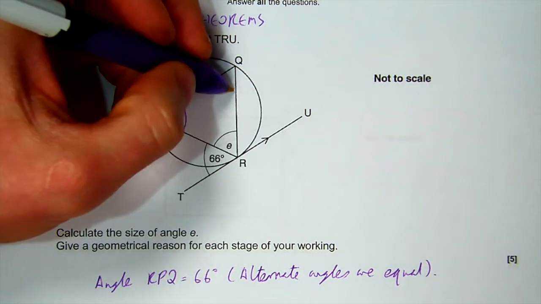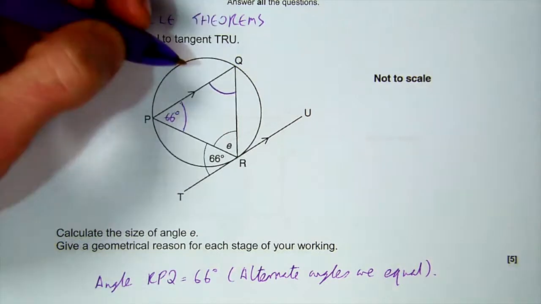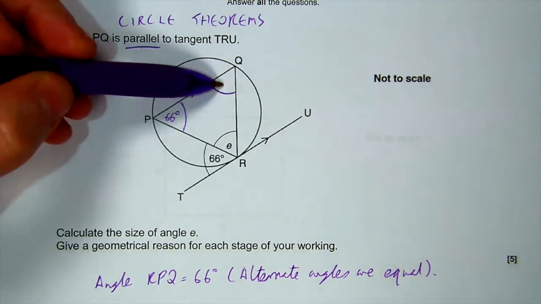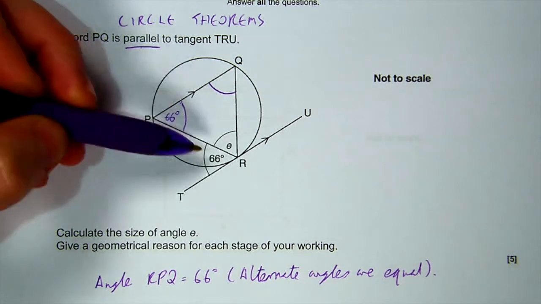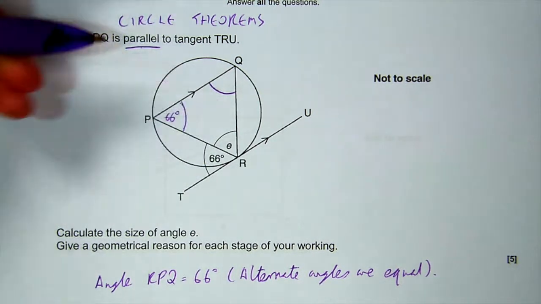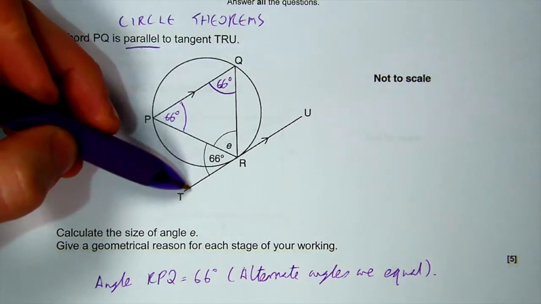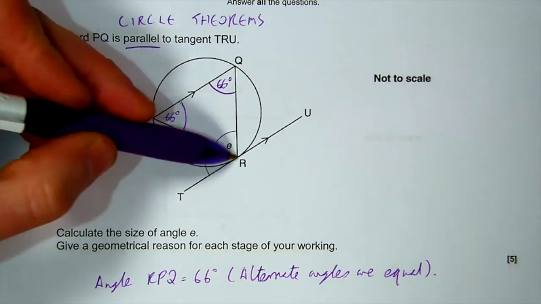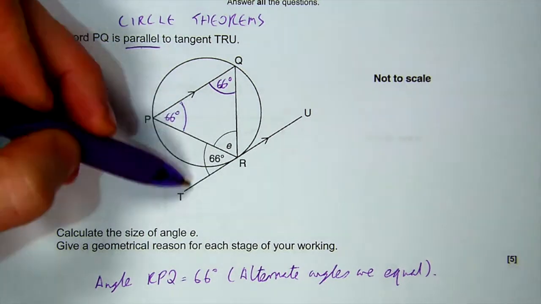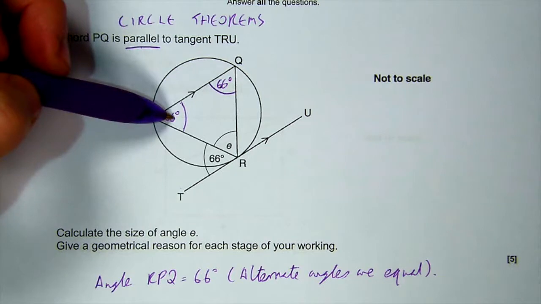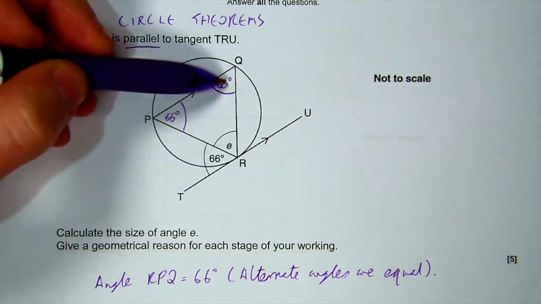Next is this angle here, and I can find E because the angles are in a triangle. Now, this angle is also 66 degrees because the alternate segment theorem means the angle between the tangent and the chord is the same as the angle in the alternate segment. So these two angles are equal.